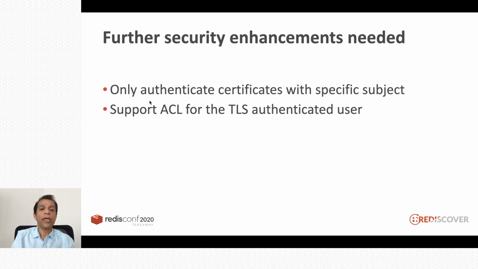And today, the ACL is tied to the user that you create. But what if mutual TLS is used and the certificate establishes the authentication? So currently there is no ACL support for the TLS authenticated user. There's a bit of work needed to marry the ACL and the TLS authenticated user, which will be great.